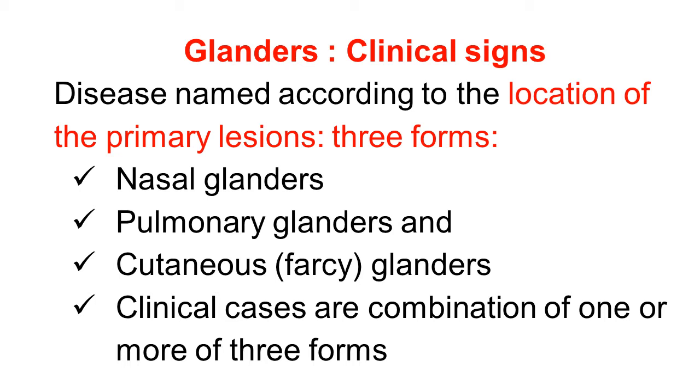If the lesions are in the lungs, it is called pulmonary glanders. If the lesions are on the skin, it is called farcy or cutaneous glanders. So this disease is a combination of one or more of the above three forms, either nasal, pulmonary or cutaneous glanders. Detail about this we will see in the next video.